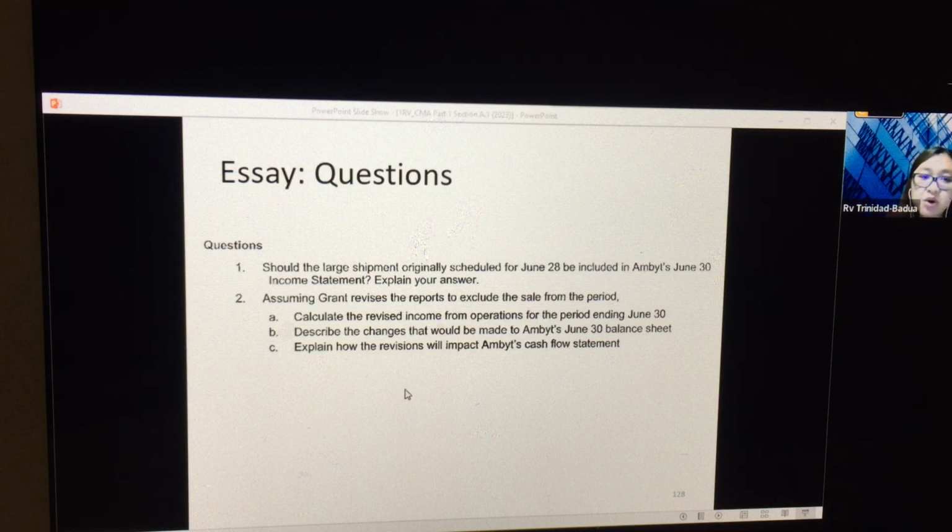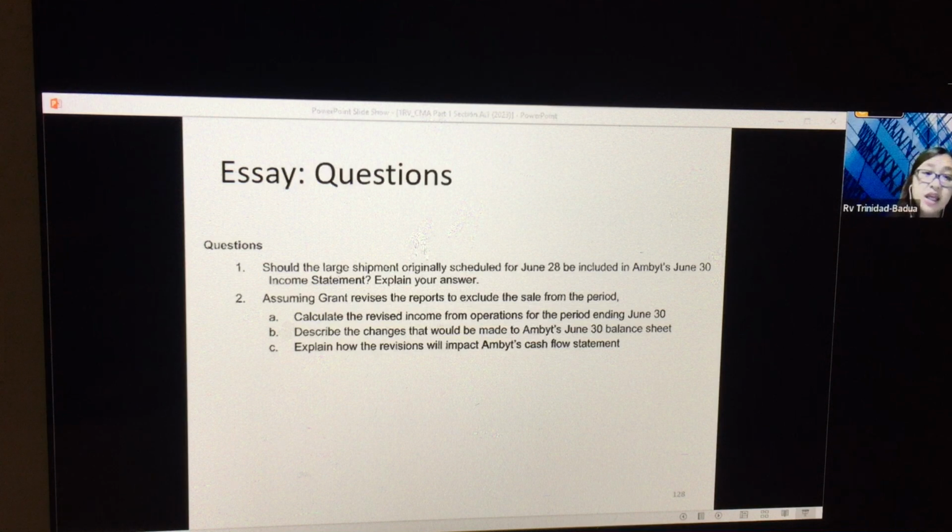For question number 1, should the large shipment originally scheduled for June 28 be included in Ambit's June 30 income statement? Sabi natin, when you are a manufacturing company, you would usually recognize revenue when the product is already delivered. So, ang tanong mo, was the product delivered during the period?